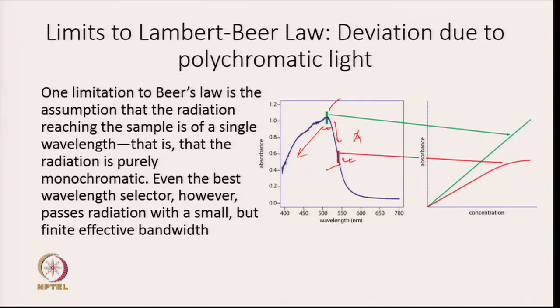So, let us look at here. If I measure at this wavelength, then I will get this curve. If I measure at this wavelength, I will get this curve, and your absorbance is a mixture of these two, and so there will be deviation towards the smaller absorbance value.